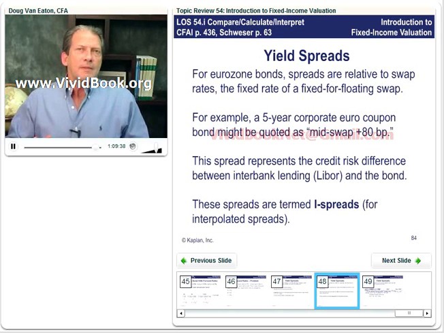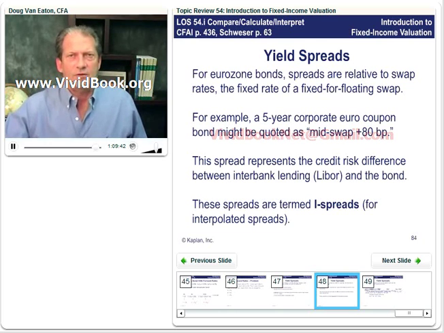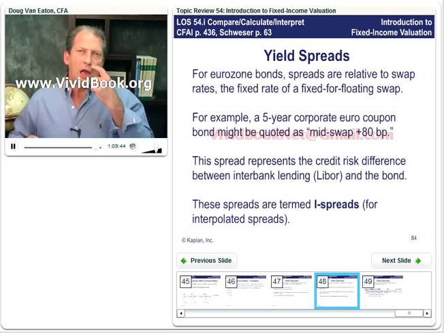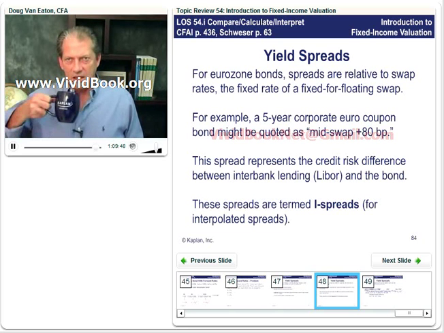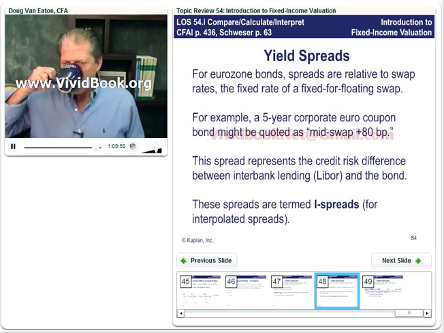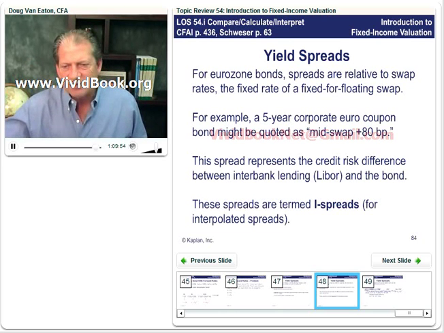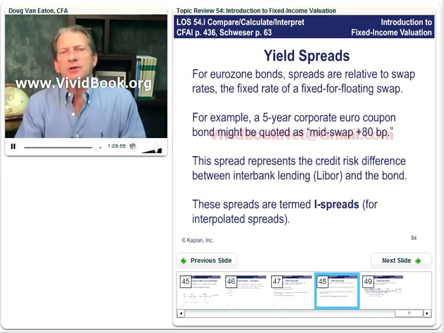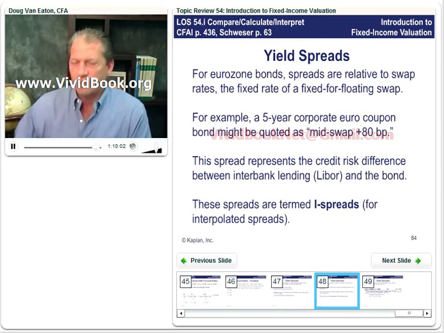Now, don't get too confused. They could really throw you a curve on this one, because you might have a bond that's a better credit risk than interbank lending. In that case, your spread might be mid-swap minus 10 basis points. So keep that in mind. Don't get tripped up if you get a tricky question like that on the exam.